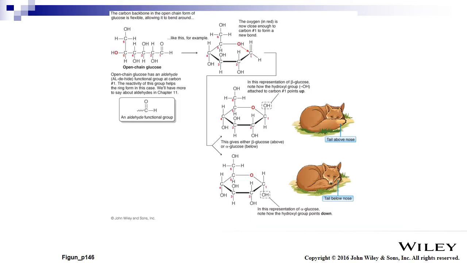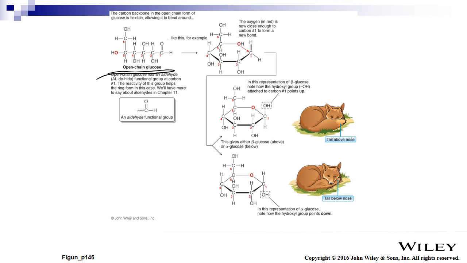Now, the idea of the alpha and the beta linkages, you can dive really deep into that. I just wanted to introduce it to you, but I wanted to go ahead and show you this picture because it looked kind of cool. You can look at what's called an open chain glucose. We can talk about aldehydes and ketones. There's all sorts of different things to add to that.